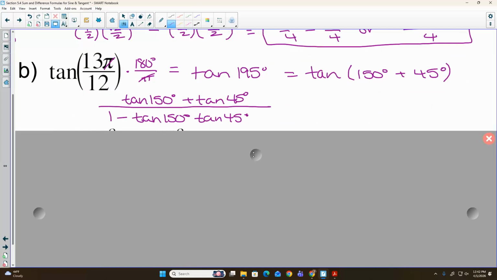In order to evaluate tangent of 150, what do I need to do? Quadrant reference, reference angle. 150 is in quadrant 2. Reference angle 180 minus 150. Okay, in quadrant 2, sine is positive, so that means tangent's negative. The tangent of 30. So radical 1 over radical 3 would give me radical 3 over 3.